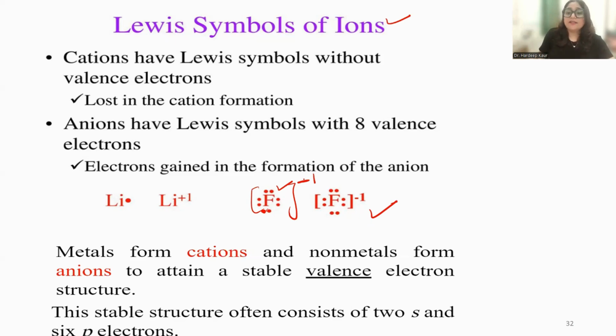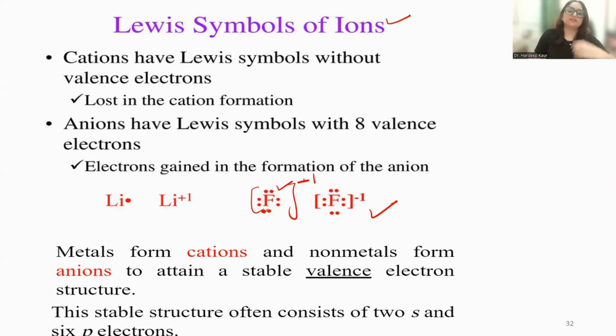We saw in our previous video that in the periodic table, metals are on the left side and non-metals on the right side. Metals form cations because they give electrons; they are not very electronegative, but non-metals are very electronegative.